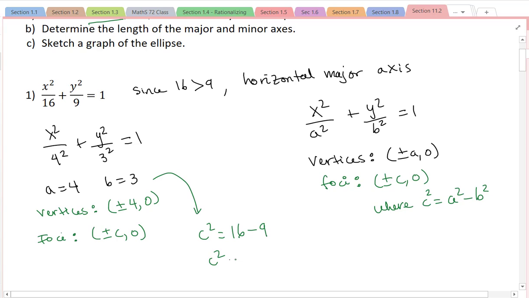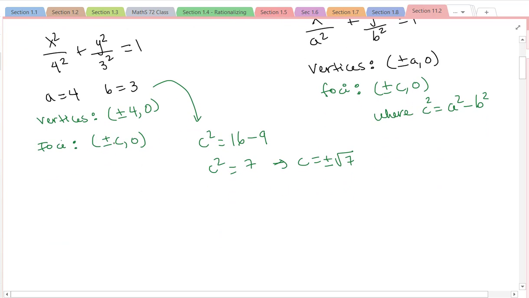So c squared is 7, which means take the square root of both sides, so c equals, and don't forget the plus or minus, anytime you take the square root of something you get plus or minus. So this will be plus or minus the square root of 7. So the foci are plus or minus root 7 and 0.